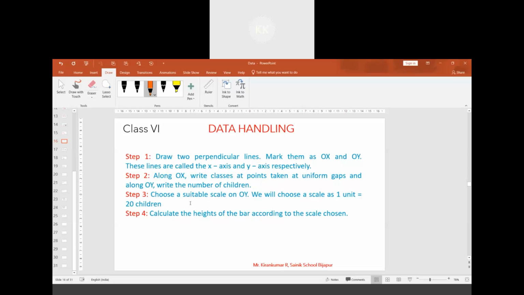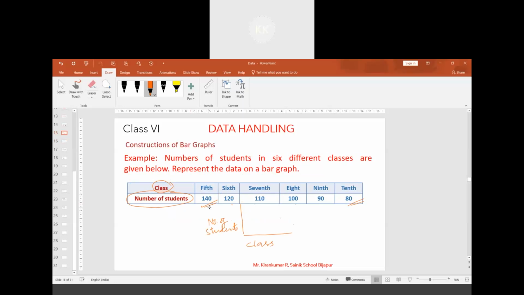The third step is to choose a suitable scale on OY. We will choose a scale of 1 unit equal to 20 children. Here, when we observe the numbers, 140 is a very large number. To represent that on a piece of paper, we take 1 unit as 20 students.